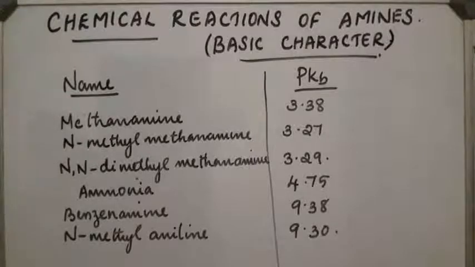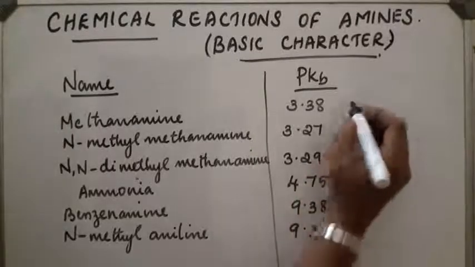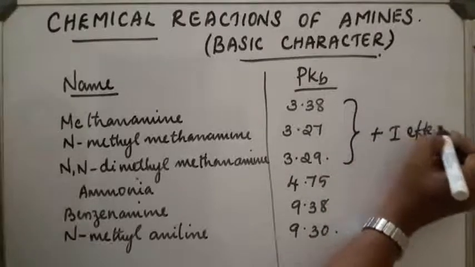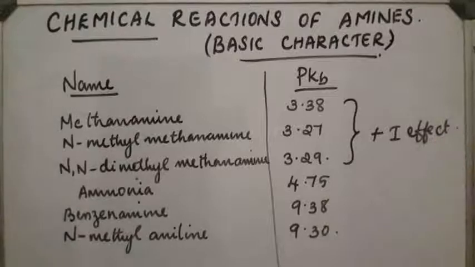From this we can conclude that as the methyl group increases, there will be a plus I effect, as they are electron releasing groups. So they increase the electron density on the nitrogen atom. As a result, the electron pair is easily available for protonation and the basic character increases. In the case of ammonia, there is no alkyl group, so it is less basic.